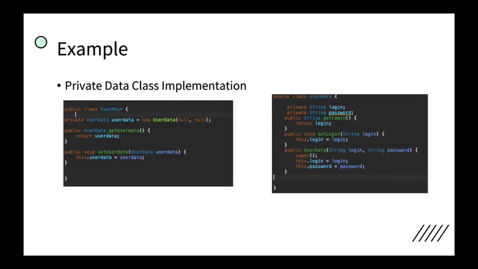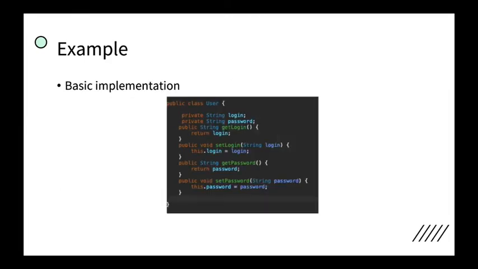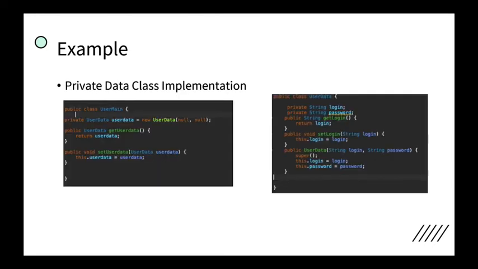So let's go to the private data class implementation. We can see that now, as usual, we have the user data and the user main class. In the user data, we have moved all the attributes, which are the login and password, to the user data class, and we have only allowed access to the login variable.